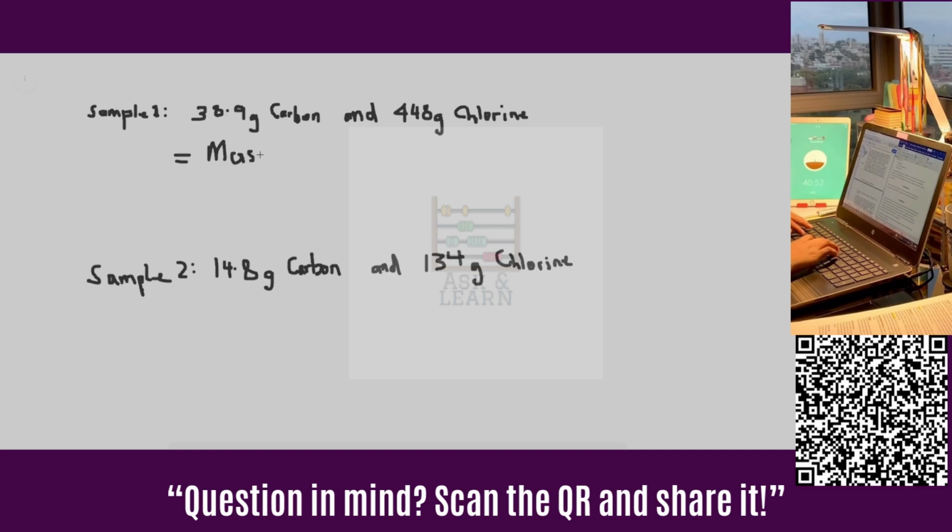the mass of chlorine divided by the mass of carbon, which in this case ends up being 448 grams of chlorine to 38.9 grams of carbon.